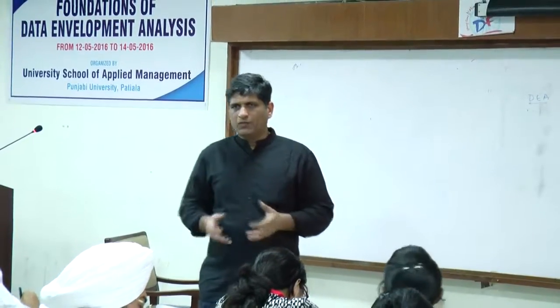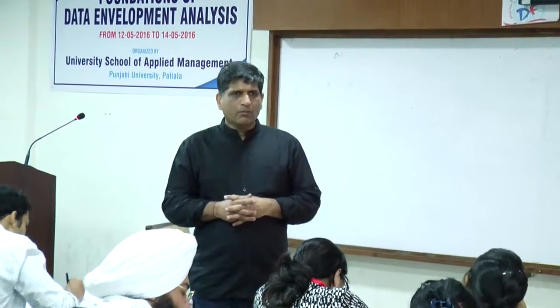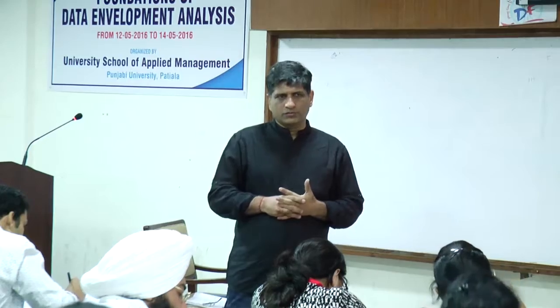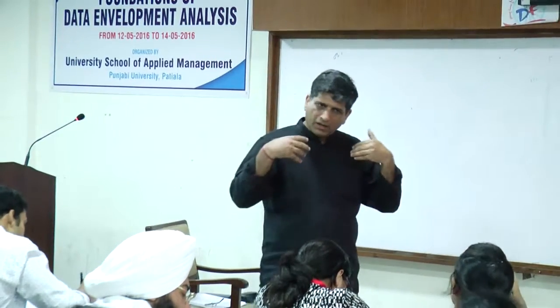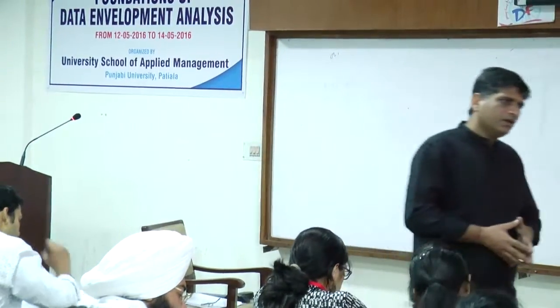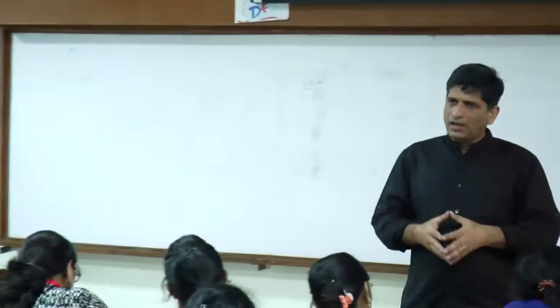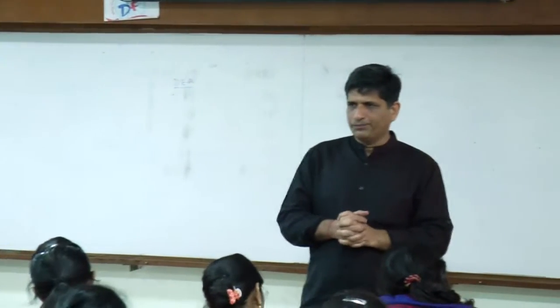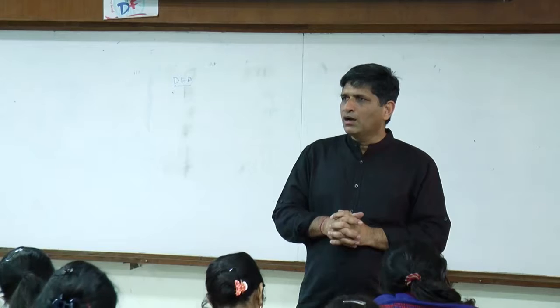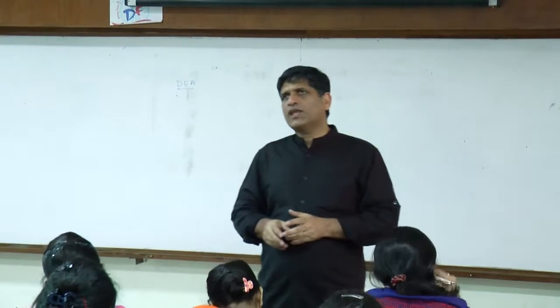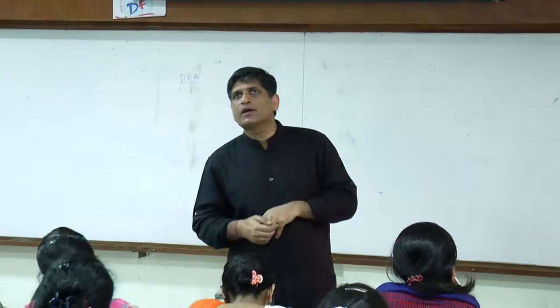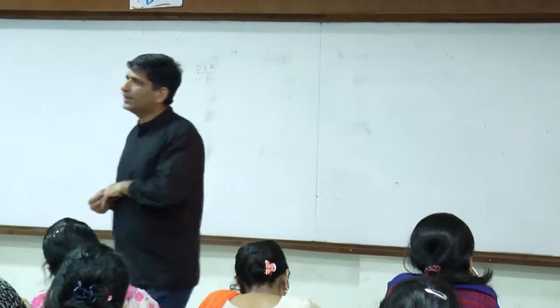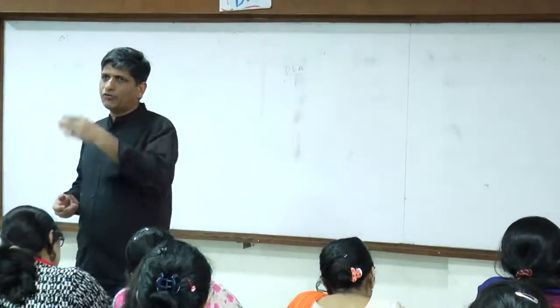Any situation where we have multiple outputs, multiple inputs, or multiple resources or multiple outcomes, we can measure efficiency using DEA. We can think of n numbers of examples. Where are the DEA examples? I gave you one example.